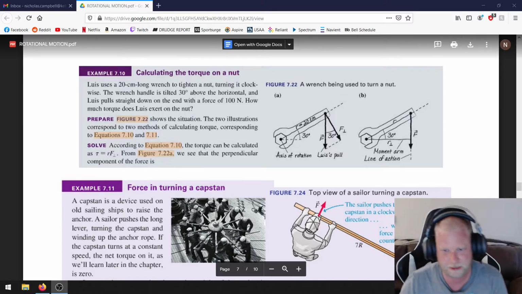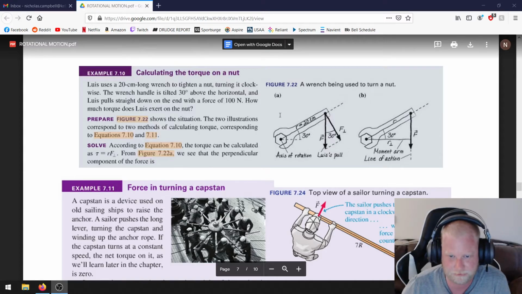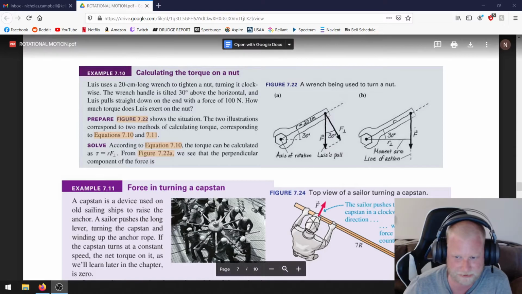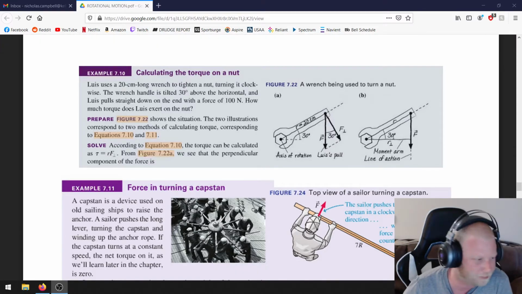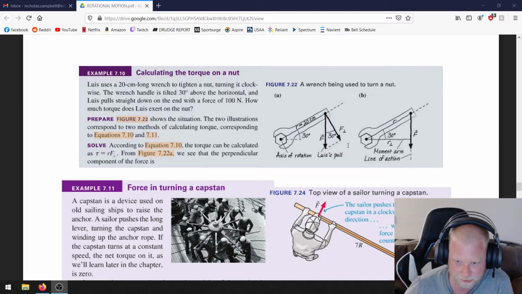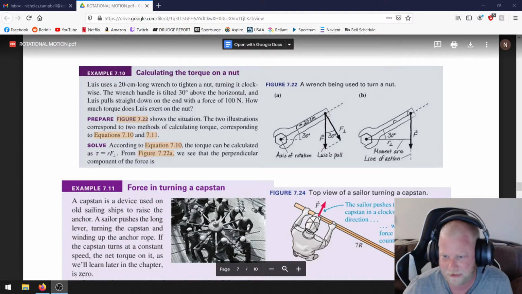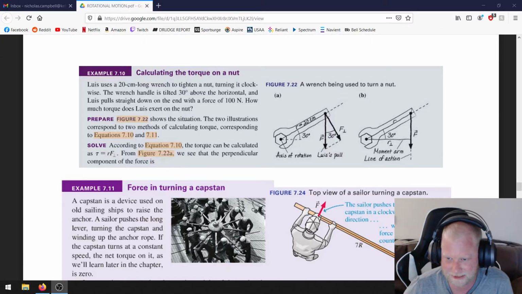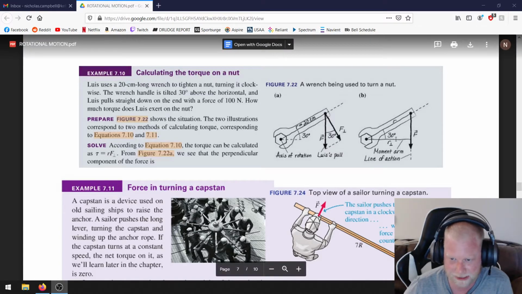Now, take a good look at both A and B in figure 7.22. Basically, what they've done is they've set this up for you in two different ways. In A, they've set it up with the radial line and your perpendicular force to that radial line. And they've also set it up in B as your line of action and your moment arm.